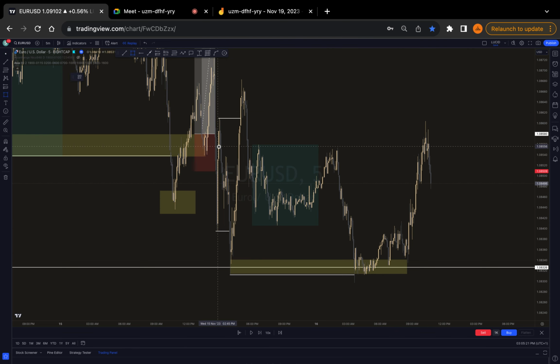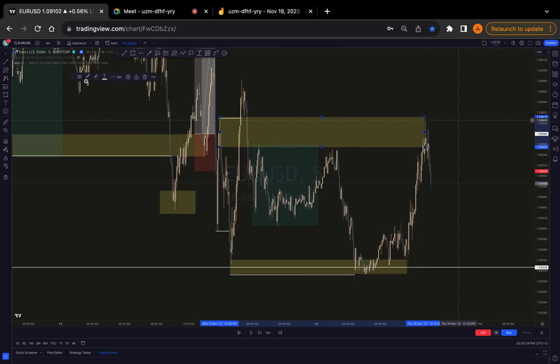Can you see how, first of all, it reclaimed here and came to reclaim it again? You see how the breakout happened? Breakout, break back in, did what? A, B, C. Swept the B leg, came back down, and used the B leg as a protected high to drop. Was this not what happened?